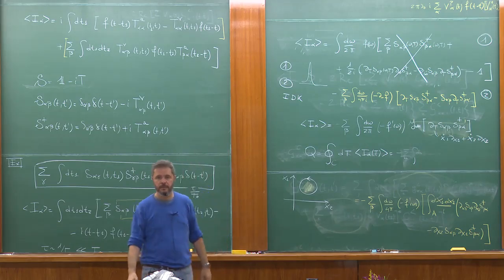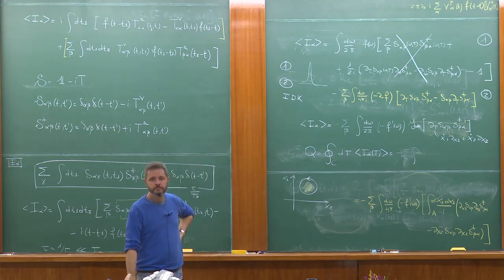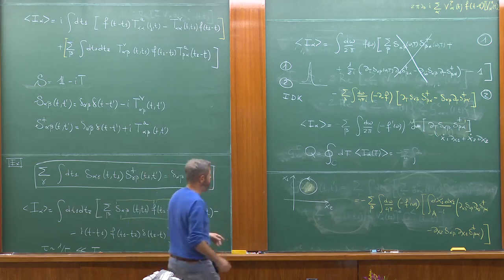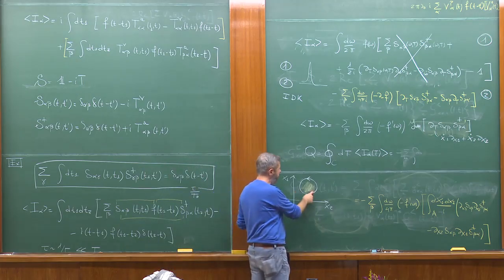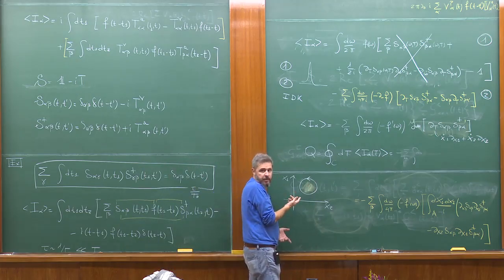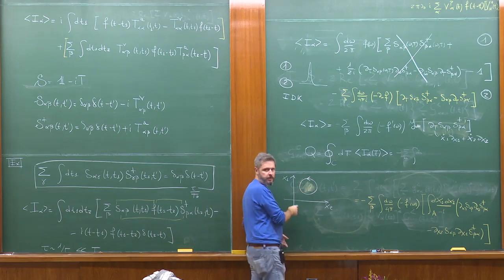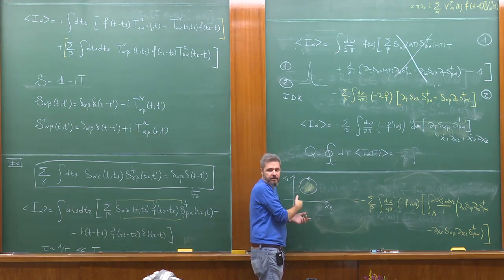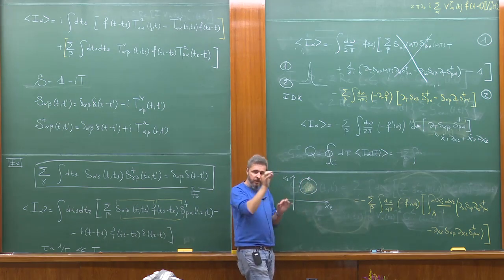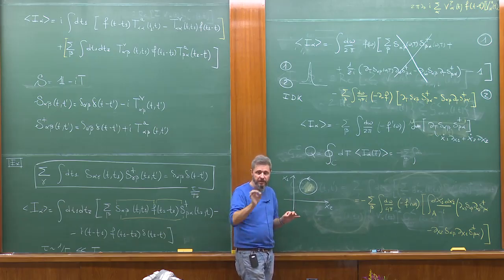Yes. No, it does not depend on the area. So I can move along this cycle in many ways, right? I can do this, or I can do many time dependencies, provided I always satisfy the conditions of adiabaticity.